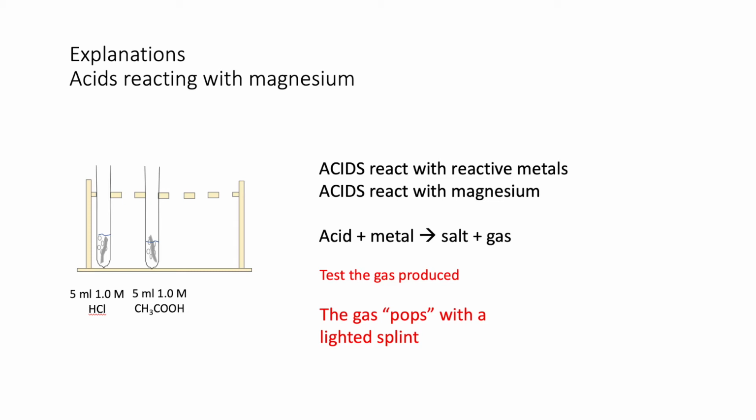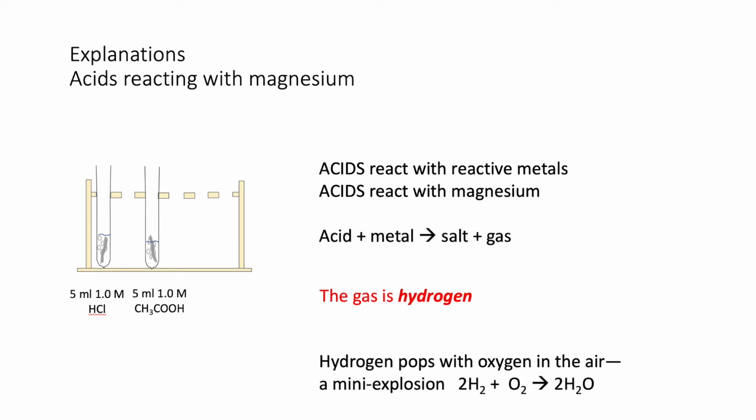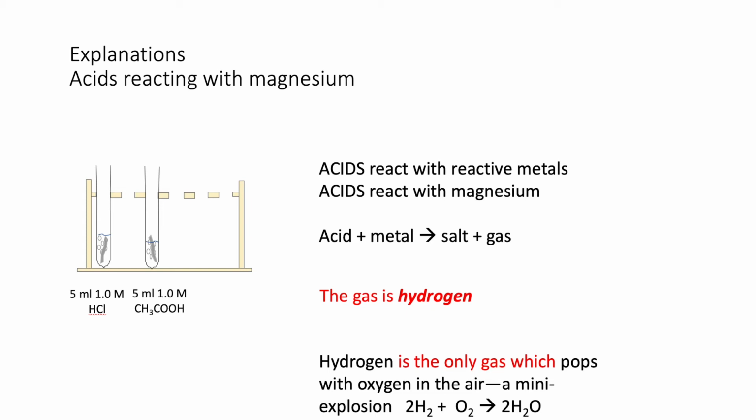So which gas is this? The gas is hydrogen. So what you're getting when you put a splint in there, you're getting a mini explosion with oxygen in the air. You've got the equation for that reaction. And hydrogen is the only gas which pops in that way, so it's a confirmatory test for hydrogen.